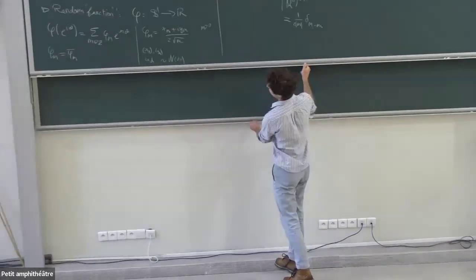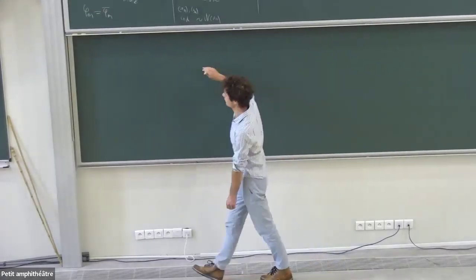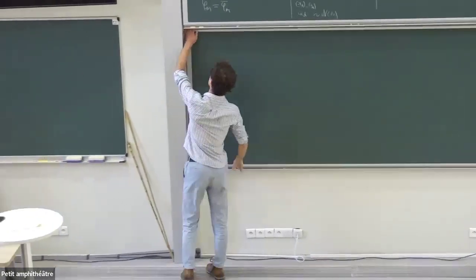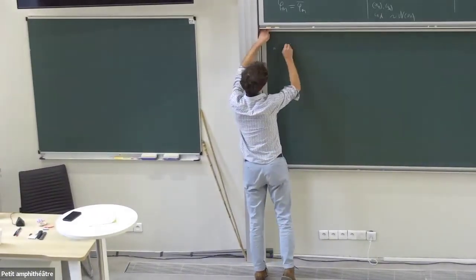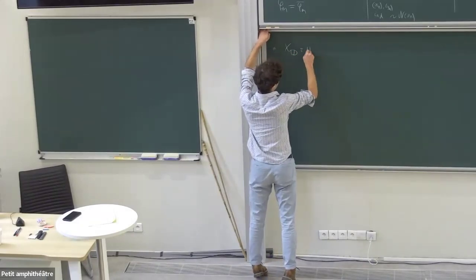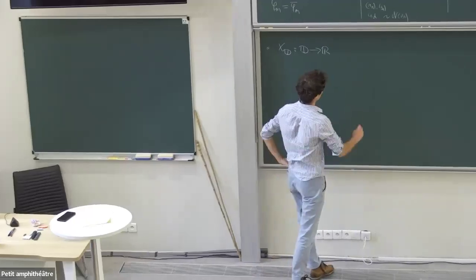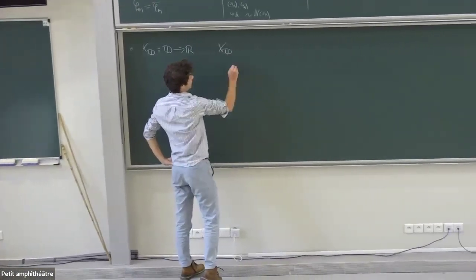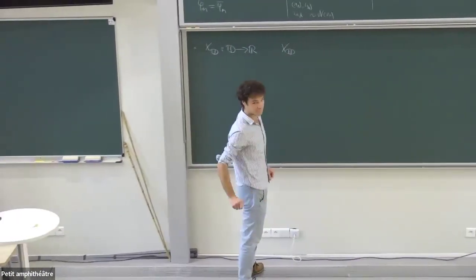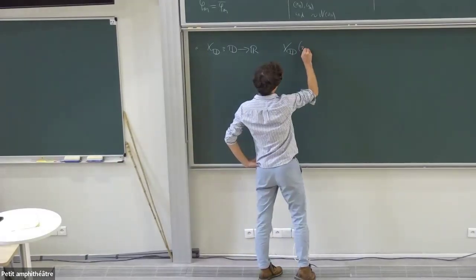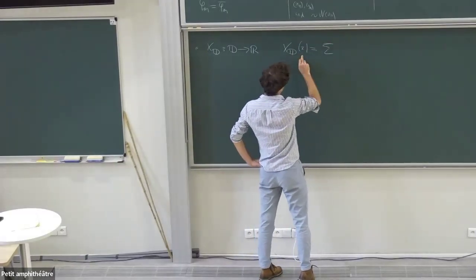If you want to define a random function which takes values instead of in the circle S1, we want to define a function which takes values inside the unit disk. So this is a unit disk. What I can do is I can replace this e^{inθ}. So X lives inside the disk.